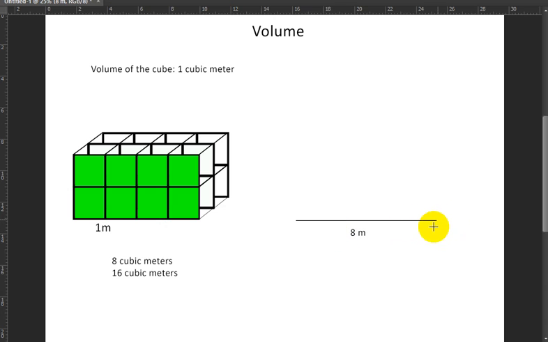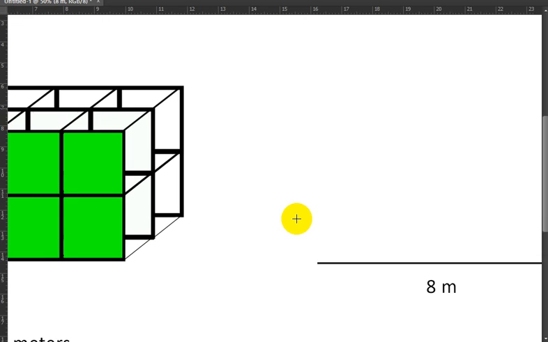It has a width of 2 meters. And a height of also 2 meters.